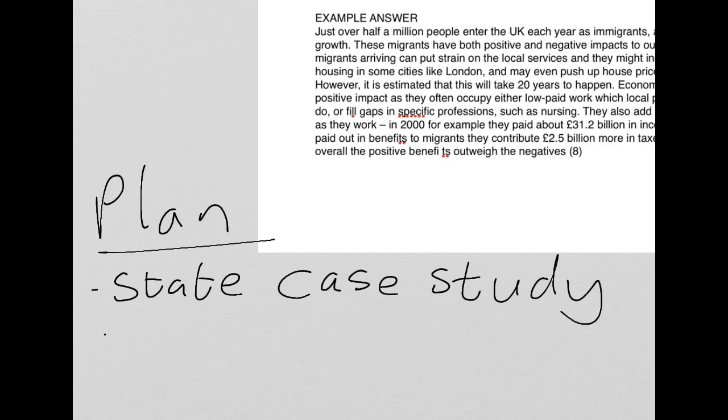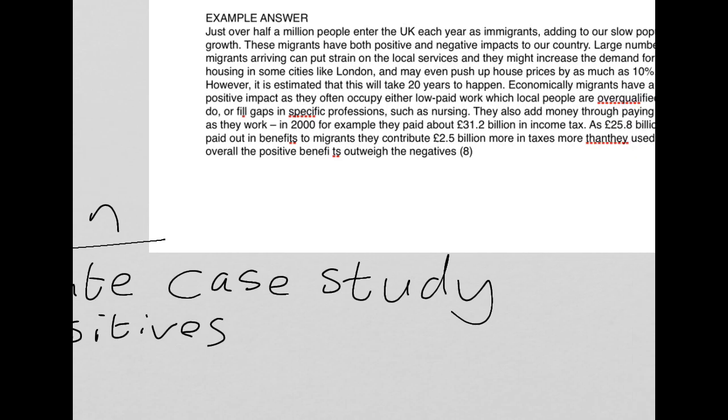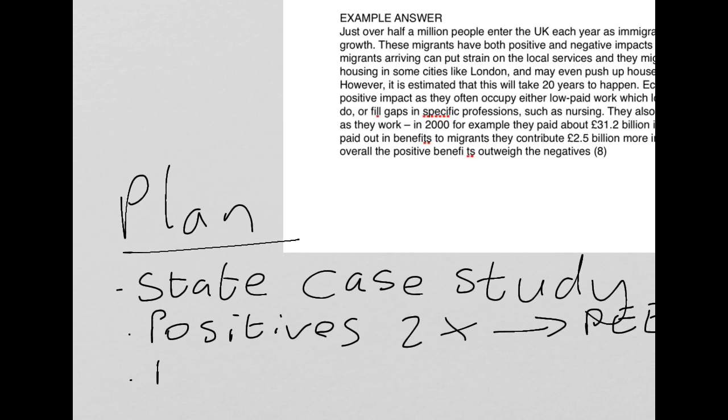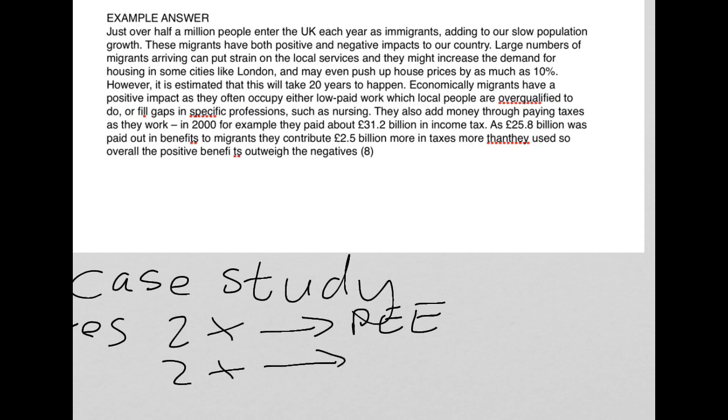I would then take a subtitle positives, and I would select two positives from the list, and I would do the point, explain, expand. I would then take a subtitle negatives, and I would do two of those, and I would write my point, explain, expand.